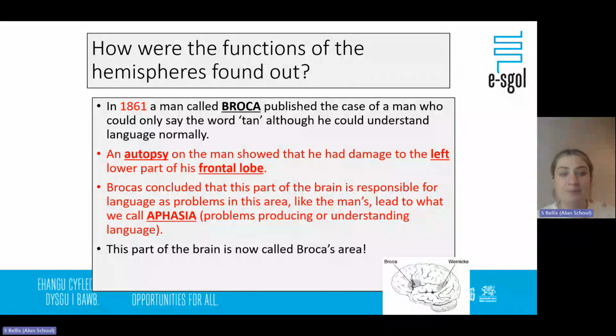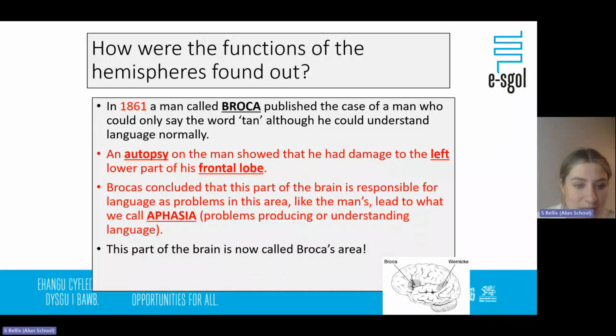An aphasia is problems producing or understanding language. That part of the brain, because it was found by Broca, is now called Broca's area. And the person that could only say the word tan had something called Broca's aphasia. So he could understand language, but could not produce language in response.